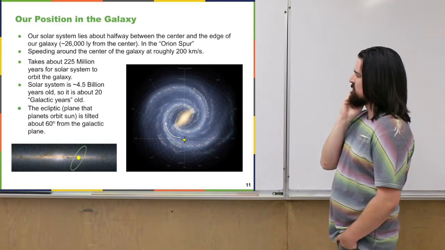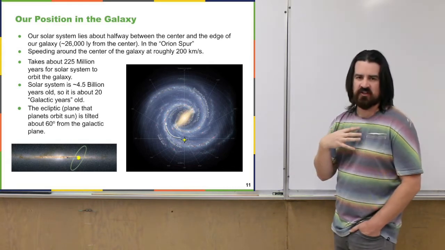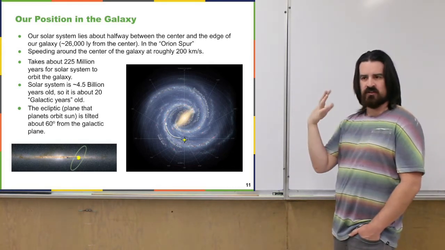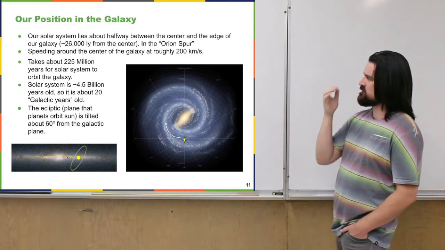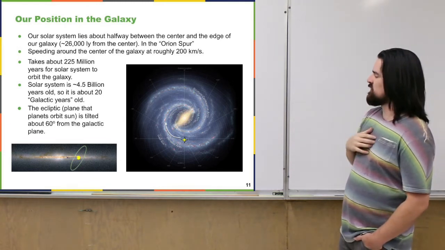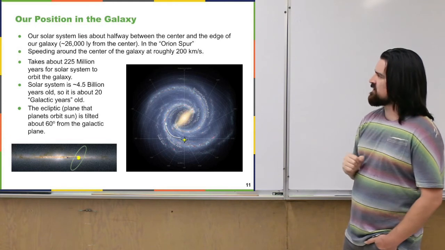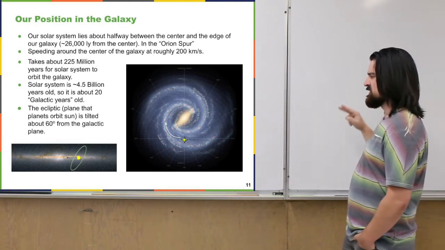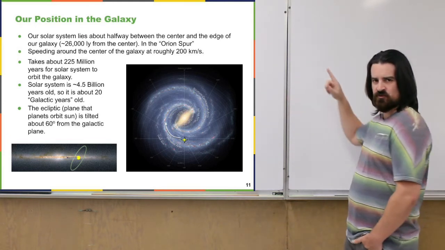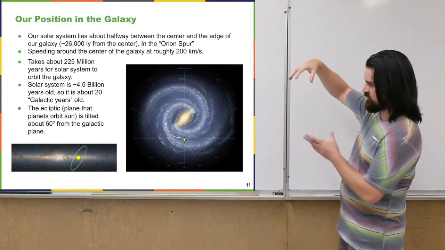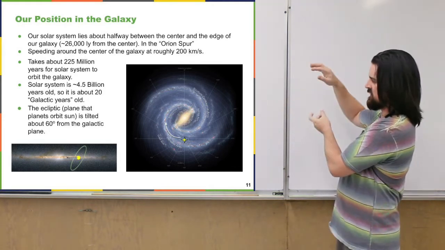This is just a bit more about our position, specifically the orientation and the movement of our solar system within the galaxy. I mentioned already, we're about halfway between the center and the edge of the galaxy. And it turns out, all the stuff is swirling around, so the whole galaxy rotates.